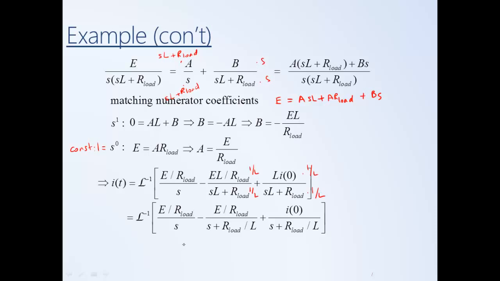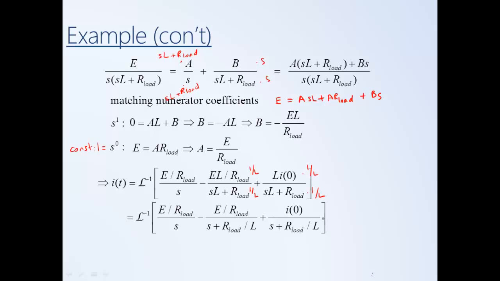So again, this is just a constant times a unit step. This is a constant over S plus A, where the inverse Laplace transform of 1 over S plus A, if we recall, is e to the minus AT, where this is what A is equal to. And if you don't remember that property, you can always look back in your Laplace transform table.